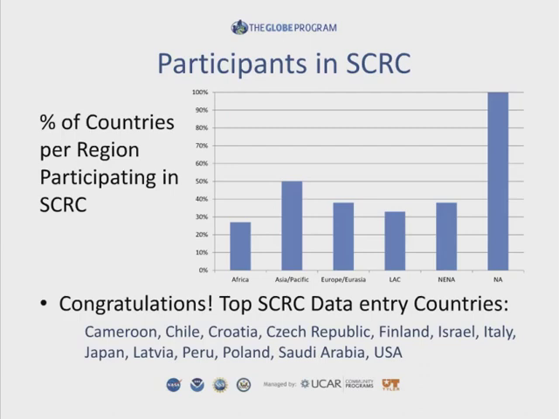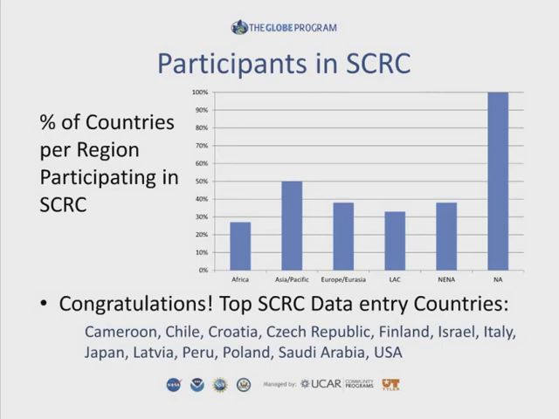The chart that you see on this page has each of the bars as one of the 6 GLOBE regions. And what we have here are the percent of countries for each region that are participating in the climate campaign.